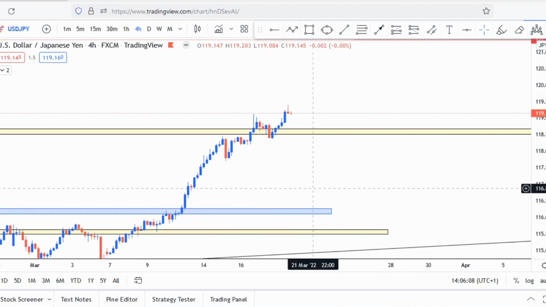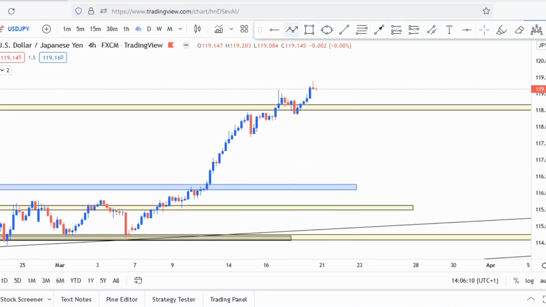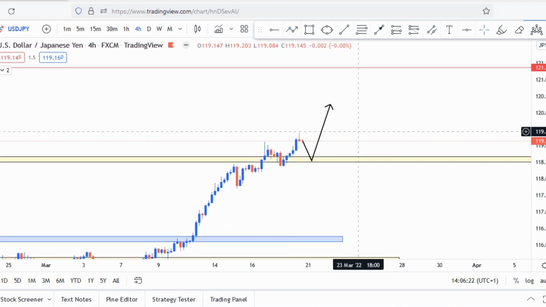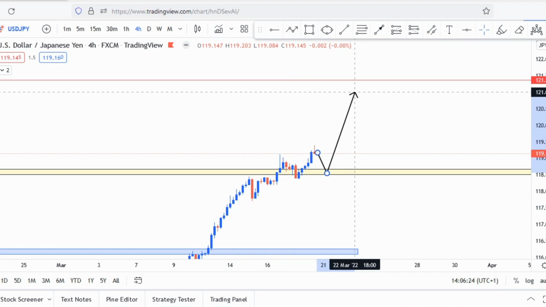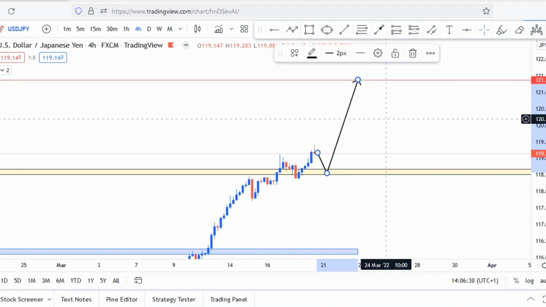So this rejection pattern could mean that price could retrace a little bit to the downside first, before giving a buy signal, and we'll take it to the upside. And if we do that, then we can take our take profit here somewhere around the 121.3 or 0.4 area.